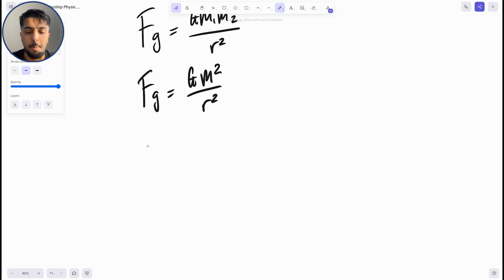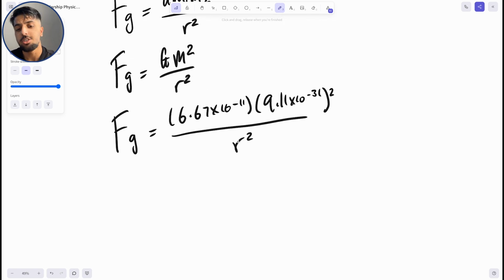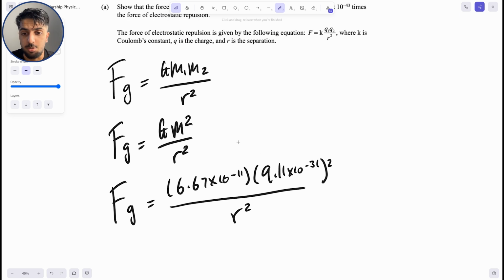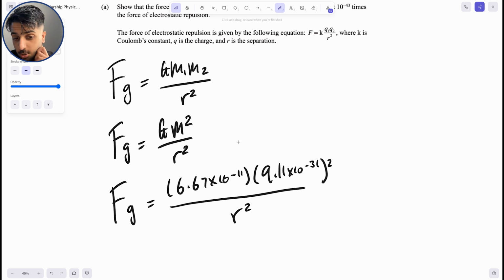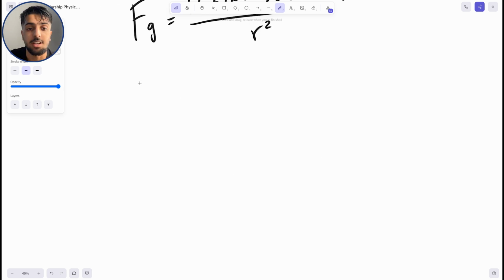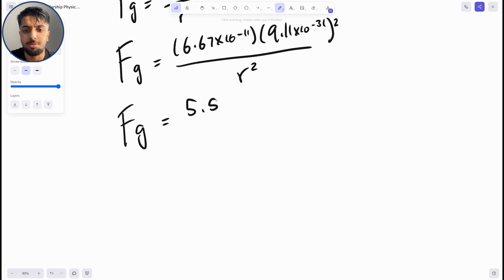Right, so now we can plug in our numbers. Now we don't know the distance separation between the two electrons. However, as you will see later on, when we compare the electrostatic repulsion and the gravitational force, these radiuses will cancel out with each other. So we can just leave it like that for now. And that top part is now equal to 5.54 times 10 to the negative 71 all over R squared.